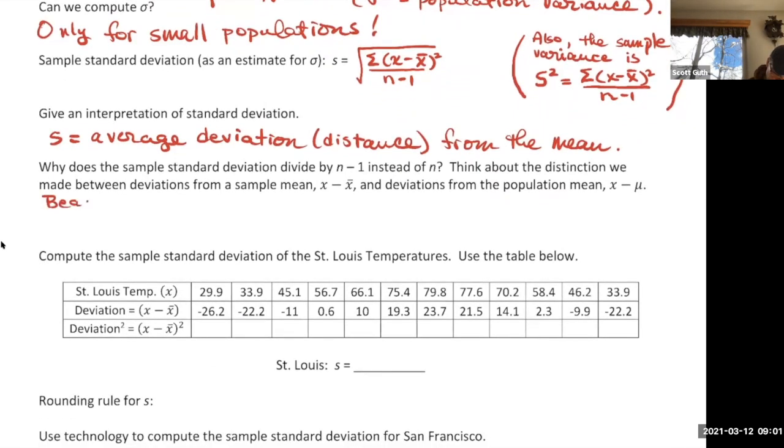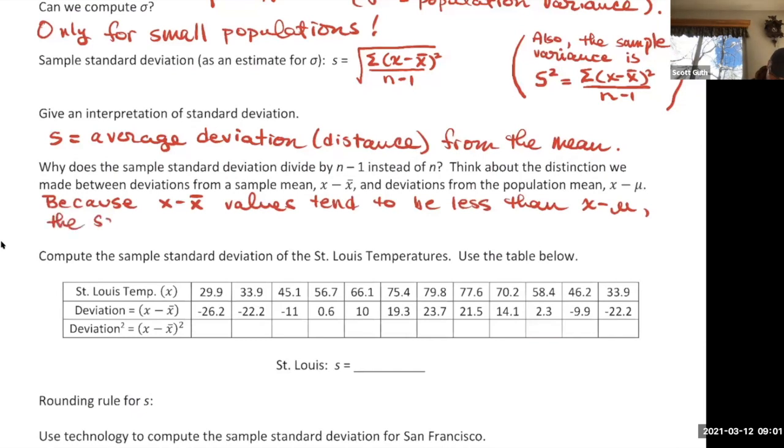Because, and I've already explained this, because x minus x bar values tend to be less than x minus mu, the sample standard deviation tends to be too small.